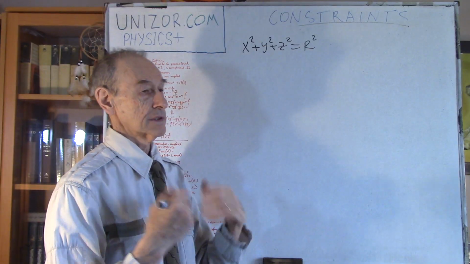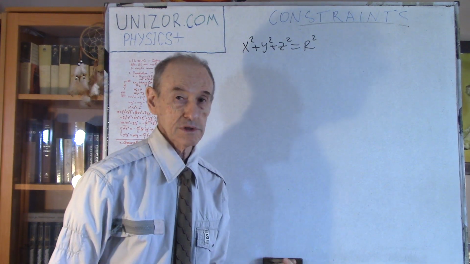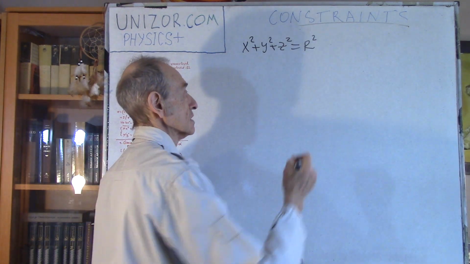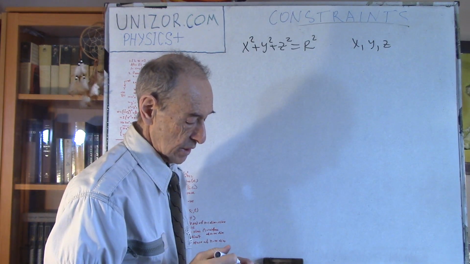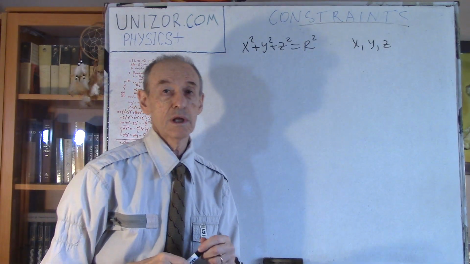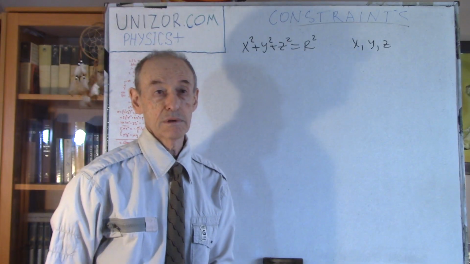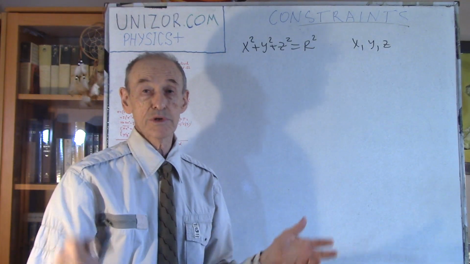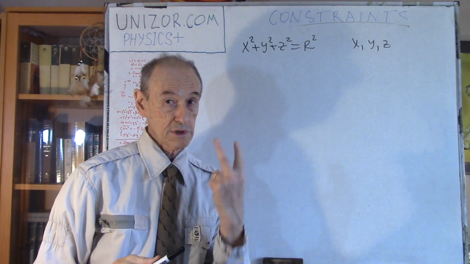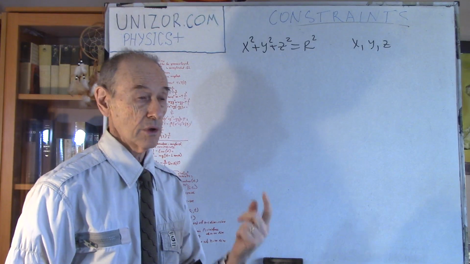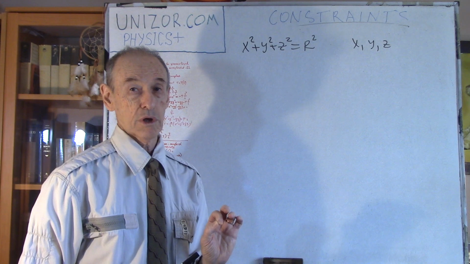Now, under normal non-constrained conditions, the position of the point is defined by three parameters, x, y, and z. How can I define the position of the point if I know that it's on the surface of a sphere? Well, simple. You have parallels and meridians, so you can use latitude and longitude. You can use these two parameters, two, not three, longitude and latitude, to position a point on a sphere.